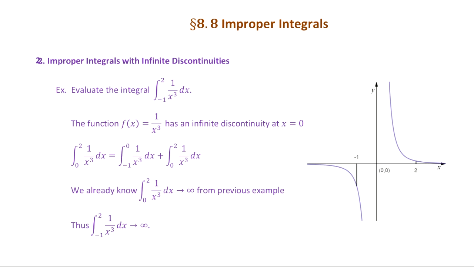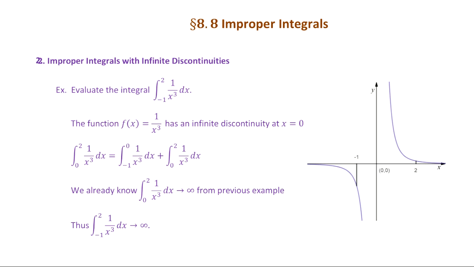And then you have to break it up into two integrals. All right? So we need to integrate 1 over x cubed from negative 1 to 0, and integrate 1 over x cubed from 0 to 2 and add them up. Fortunately, we don't have to do too much in this problem because we already did it.